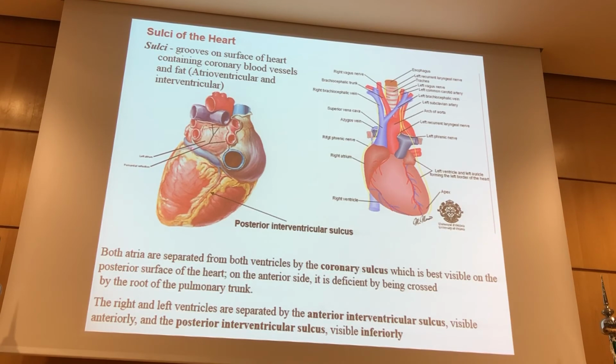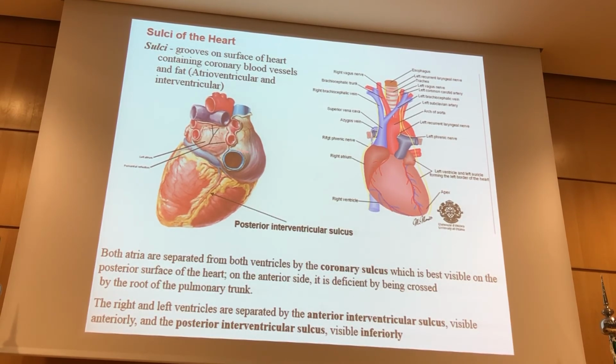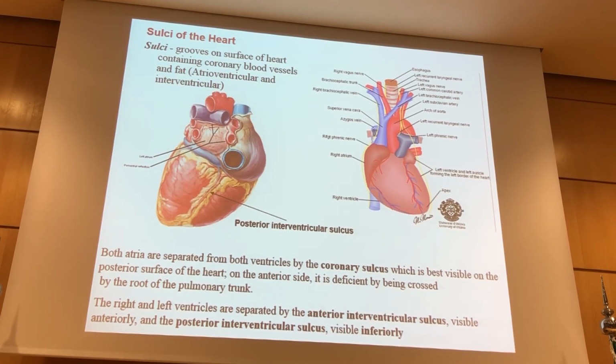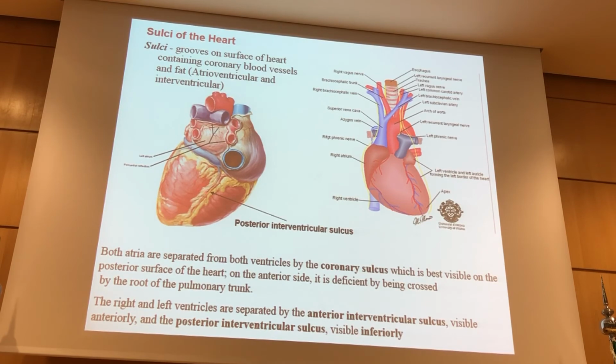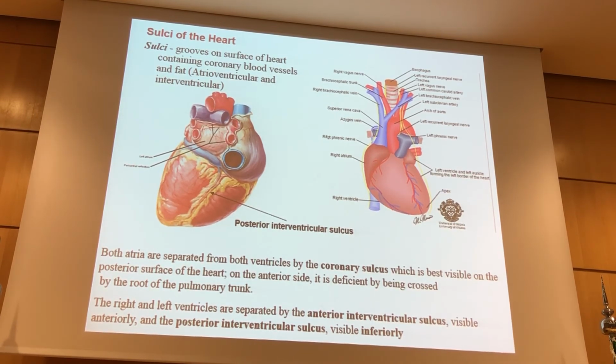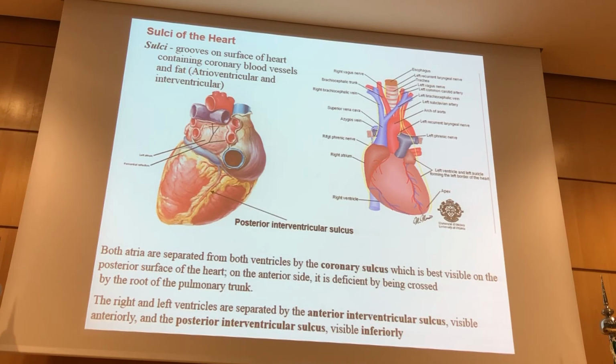So, coronary sulcus is a sulcus that surrounds the heart and separates the 2 atria from the 2 ventricles. It's called the coronary sulcus. Why? Because it hosts the coronary sinus, which is the main venous drainage of the heart itself.